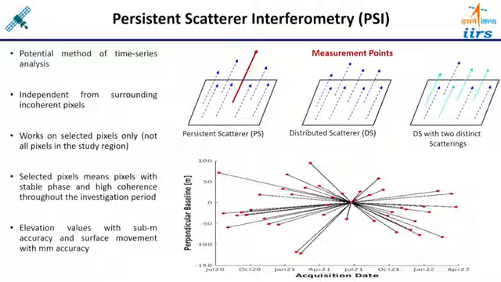Or you can say this can fail over the areas where the deformation is not linear in scale. Means there are deformations which are continuous, just like subsidence continuously going down slowly, then continuously coming up slowly. If such phenomena are there, then it can monitor.